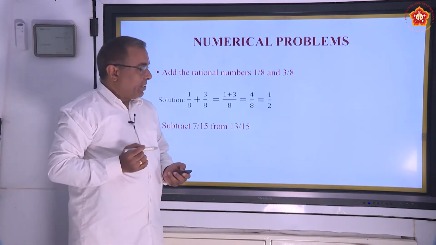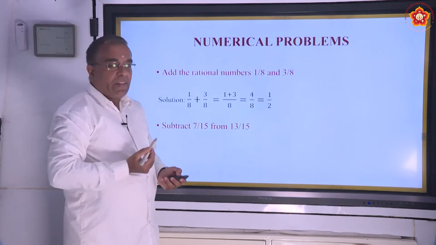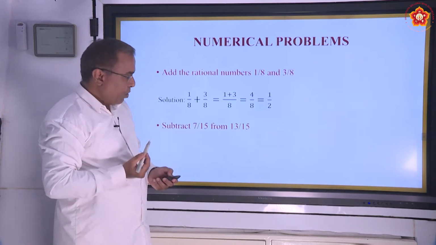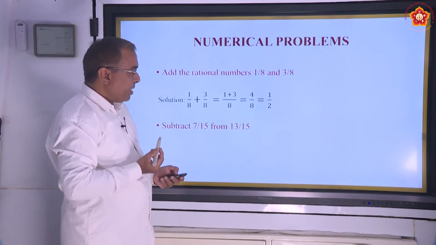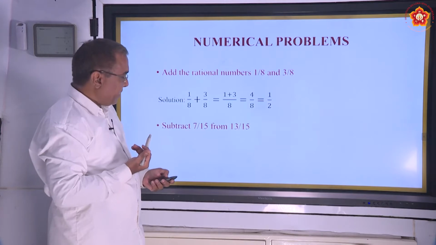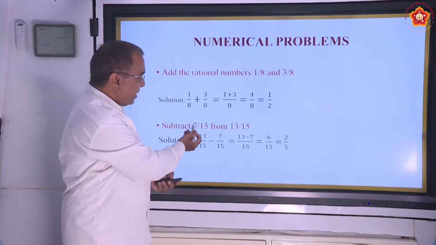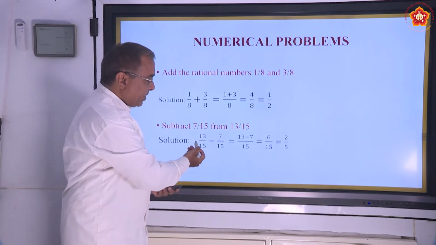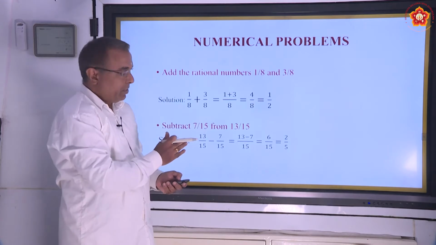Subtraction. Now we will discuss how to subtract when we have common denominators. From 13 by 15 we have to subtract 7 by 15. We have to write it like this, you should not write the other way around.